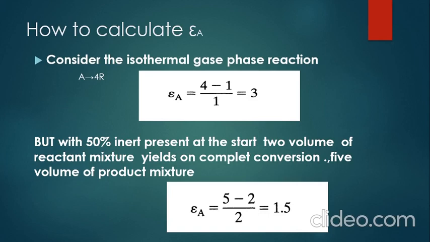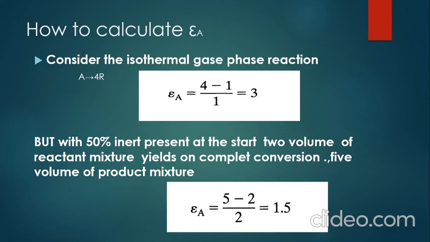But with 50% inert present at the start, two volumes of reactant mixture yield, on complete conversion, 5 volumes of product mixture.